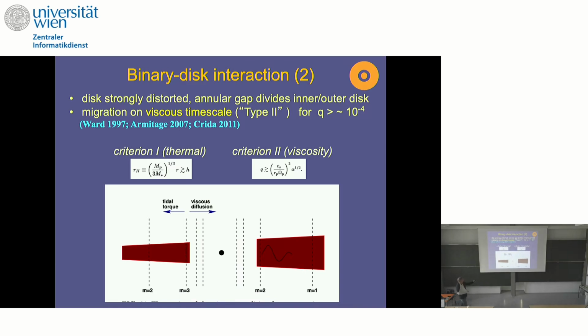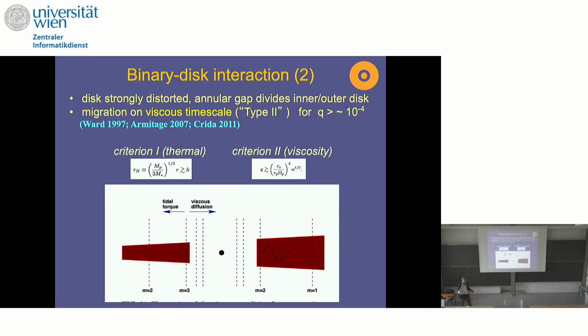Picture there. So what happens is, if you look at such a disk from the side, you open a gap, which corresponds to this Hill region. And the reason you open this gap is that you satisfy two criteria. One is what I just said: the perturber is massive enough that its Hill radius, which is the width of this annulus, becomes wider than the height of the disk. That means you basically don't have a stable disk of circulating gas above and below, and you just open the gap.